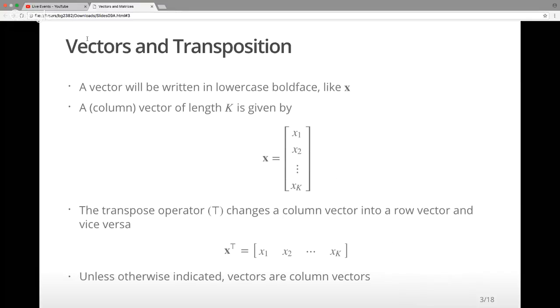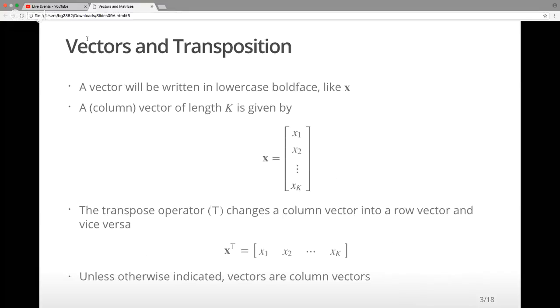And the transpose operator, which is indicated by a superscript T (other books will use a prime symbol for the transpose operator), changes a column vector into a row vector and vice versa. So if I write x transpose, I'm thinking about a vector that is oriented horizontally, otherwise known as a row vector.